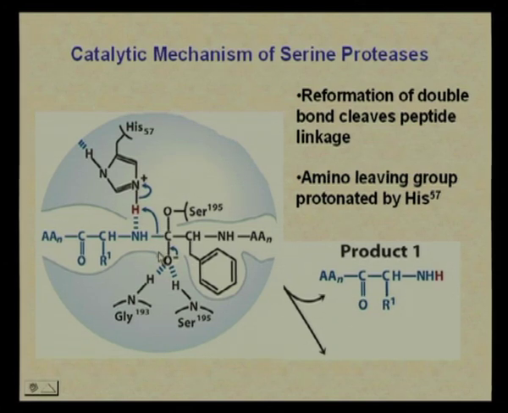Because we have a cleavage of the peptide bond here, you are going to have a carboxyl terminal and you are going to have an amine terminal. So, this H that had been abstracted by histidine 57 from serine 195 into forming this intermediate is now part of the first product, which is the amine terminal part of the part that is leaving, right.